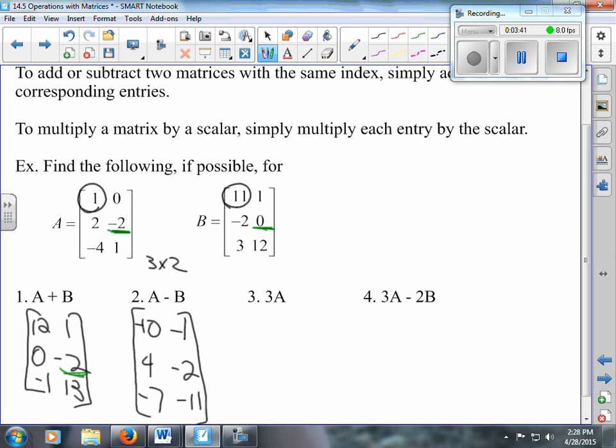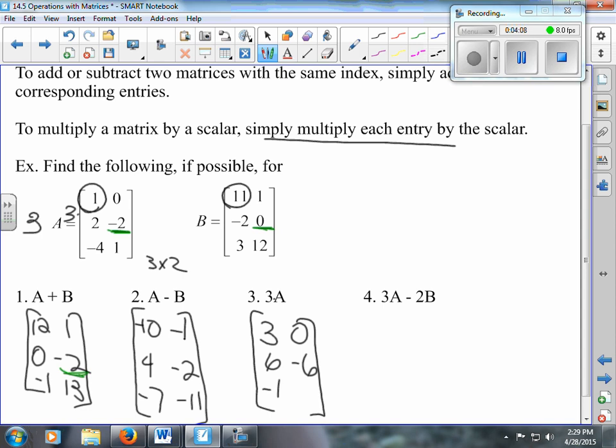Okay, and now in this third example, I want to know what 3 times A is. And so I'm taking the matrix A and I'm multiplying it by 3. And so in order to do that, you're simply going to multiply each entry by the scalar. And so this is going to be 3 times 1 is 3. 3 times 0 is 0. 3 times 2 is 6. 3 times negative 2 is negative 6.